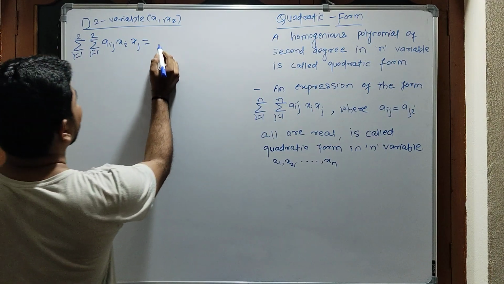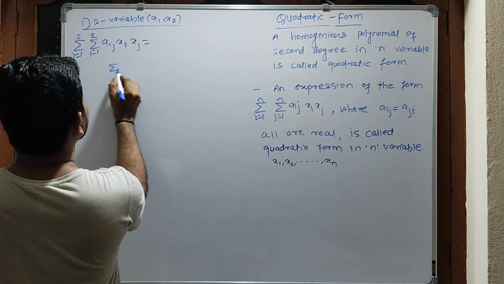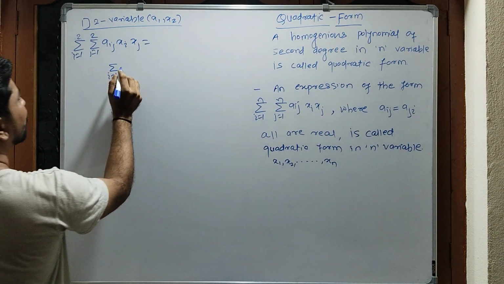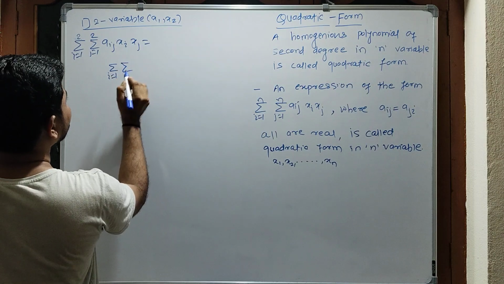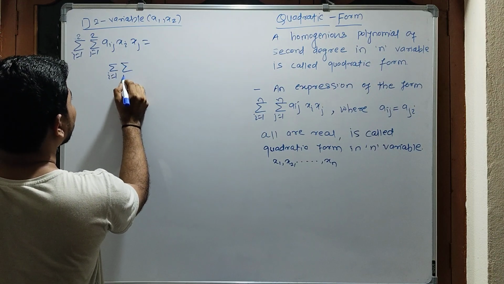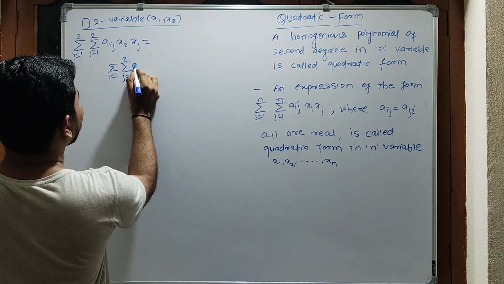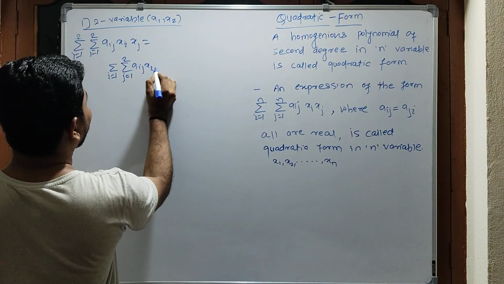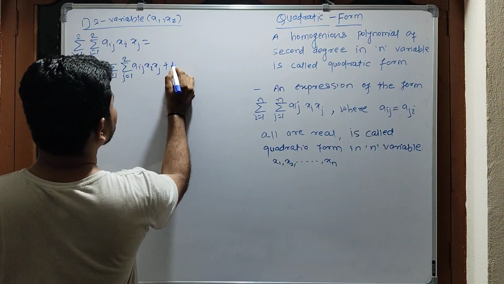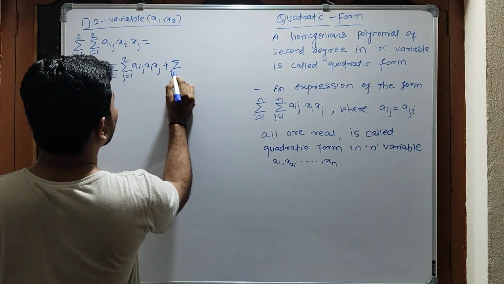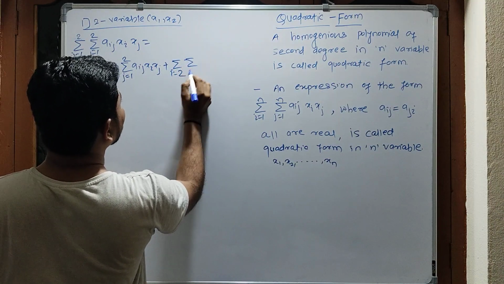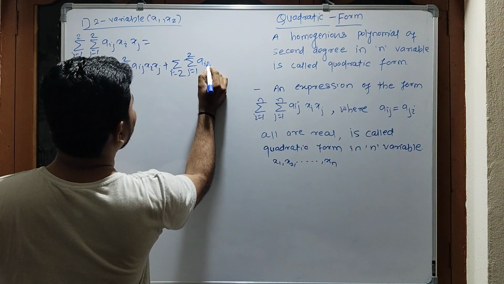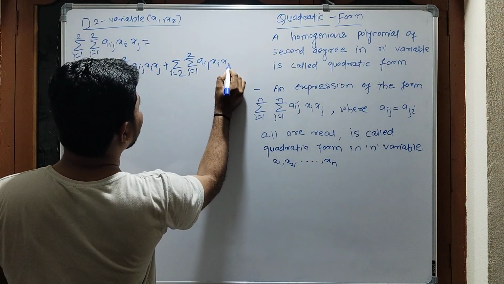For i equal to 1, summation j running from 1 to 2, a_ij x_i x_j, plus, for i equal to 2, summation j running from 1 to 2, a_ij x_i x_j.